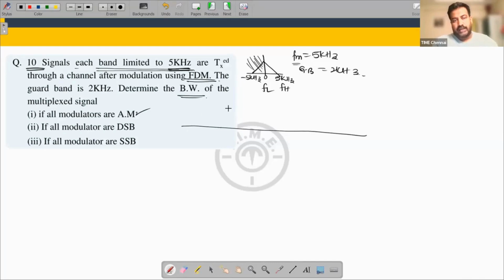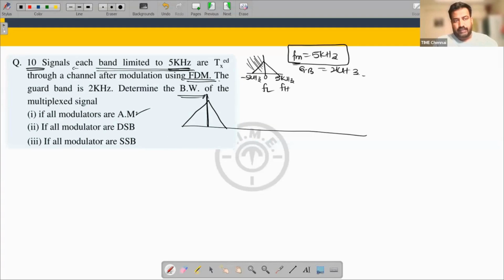If all the modulators are AM, first AM modulator, AM takes total of 2 FM. The important thing in this question is understanding that FM is 5 kilohertz. If you fail in doing so, then your complete problem will go wrong.